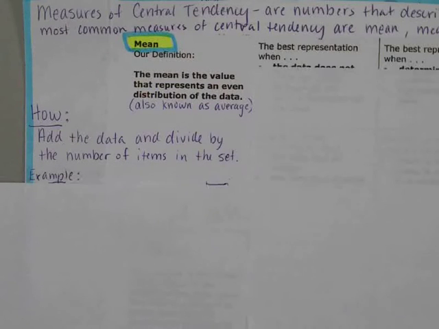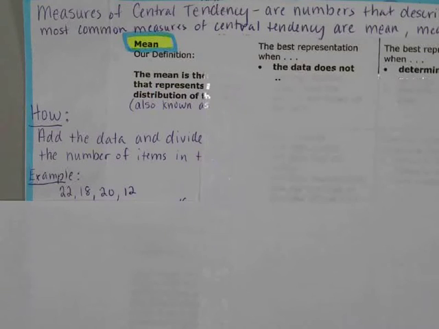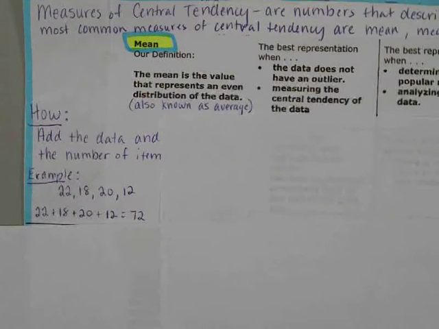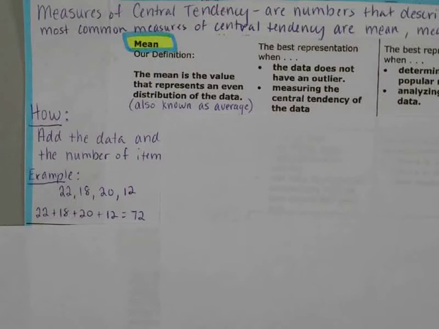So let's do an example. We have a set of numbers, 22, 18, 20, and 12. And we want to find the mean. So we're going to add all of these numbers. So 22 plus 18 plus 20 plus 12 equals 72.